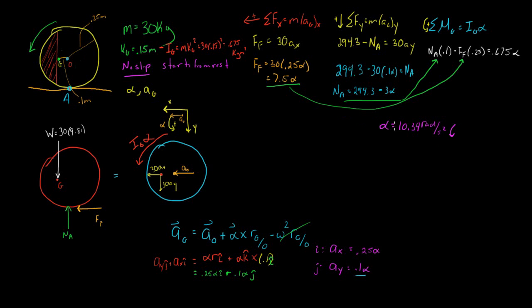Now, with this, I can solve back for my normal force. I can put this right in here, and I can get a normal force which is equal to 283.96 newtons. I can put this alpha back in to solve for a frictional force right here, and I can get a frictional force which is equal to 77.55 newtons.